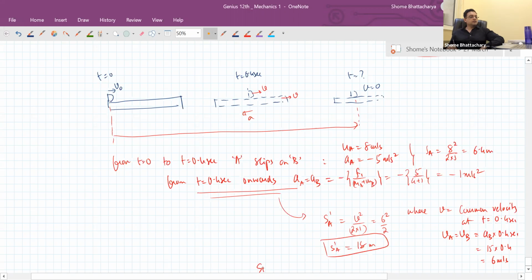So the net displacement of A with respect to ground is this much. This net displacement.